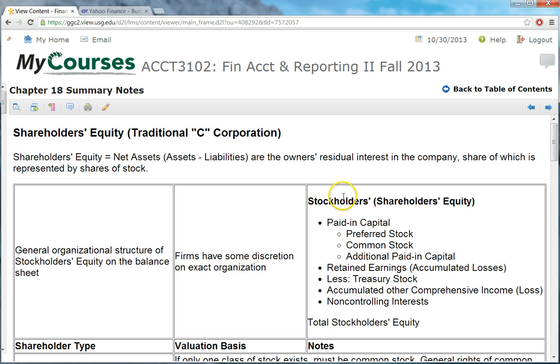Okay, so the organizational structure of shareholders' equity is actually pretty straightforward. Shareholders' equity is a group of accounts, just like assets and liabilities are groups of accounts. So we have a variety of different kinds of assets: cash and inventory and property, plant, and equipment, and intangible assets, and so on.